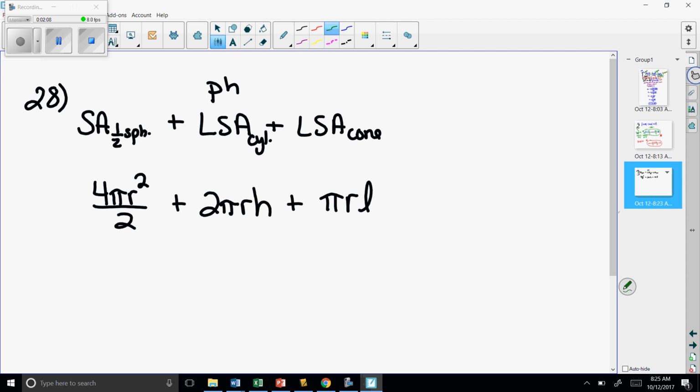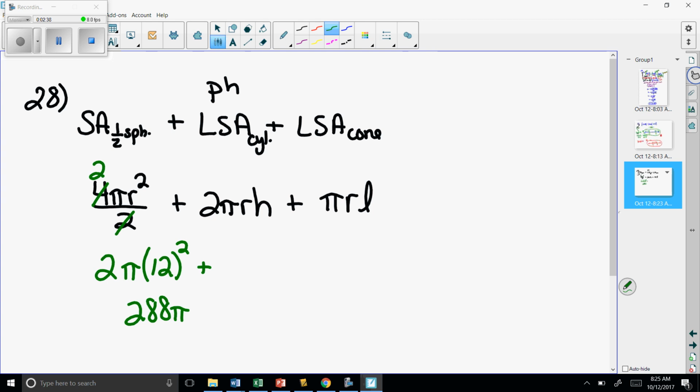As we go through and calculate, 2 goes into 4 2 times, so I'm going to have 2 times pi times my radius, which is 12, squared. That should be 288 pi. Did you have 4 pi r cubed, or 4/3 pi r cubed?